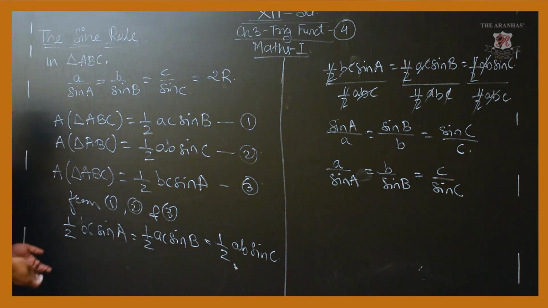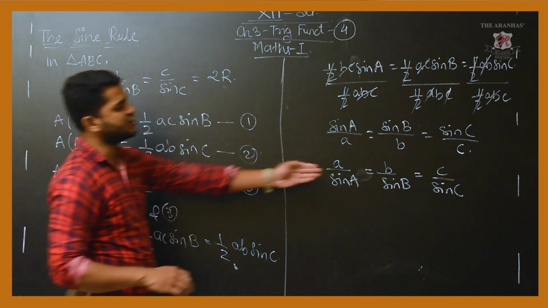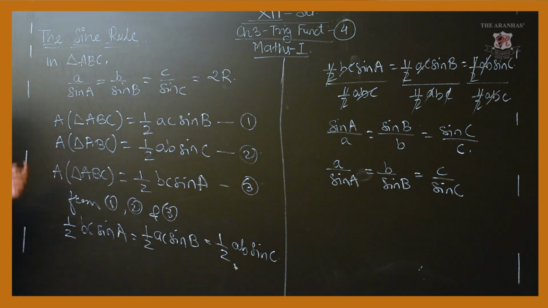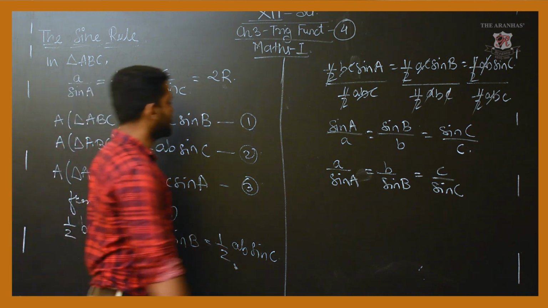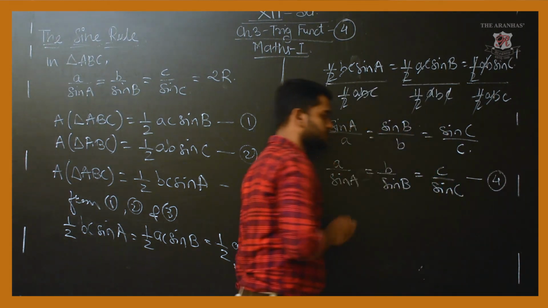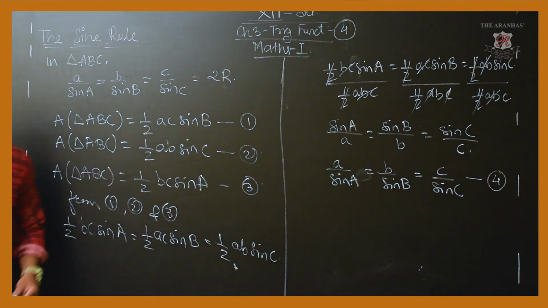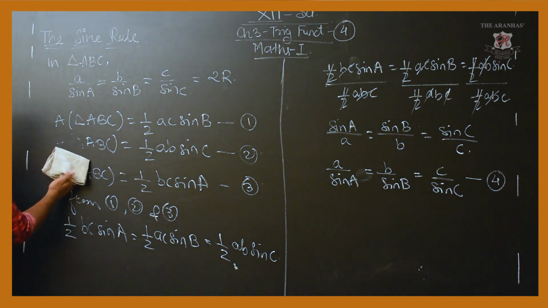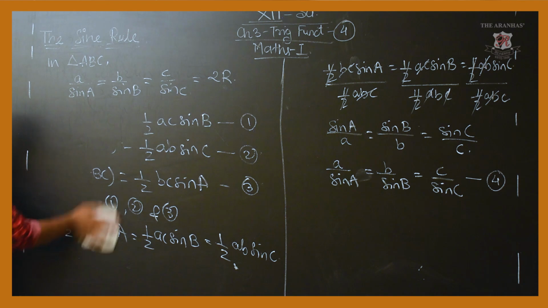Now, after this, one more thing we are supposed to prove is that this ratio is equal to 2R. That is what is left out. But I hope everyone has understood till here. Okay? So let's give this as equation 4. Now after this, we have to prove that this ratio is equal to 2R.